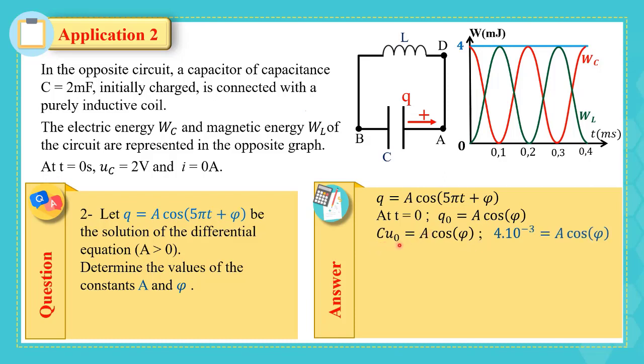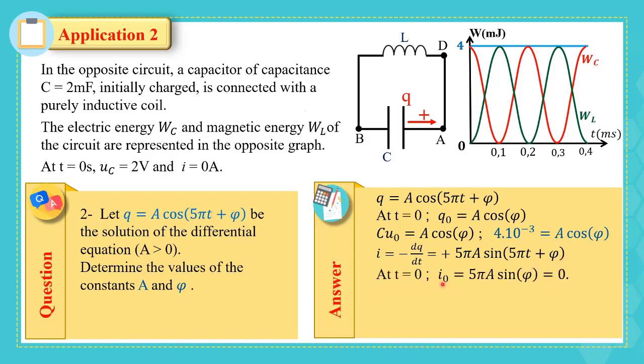So C U0 equals A cosine phi, replacing C equal 2 millifarad. So 2 times 10 power minus 3 times 2, which is equal to C U0, we will have 4 times 10 power minus 3 equal A cosine phi. Now, i equals minus dq by dt, equal to 5 pi A sine(5 pi t plus phi).